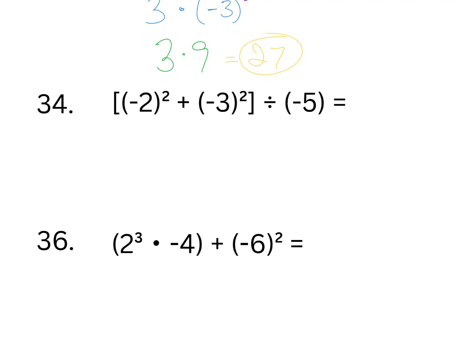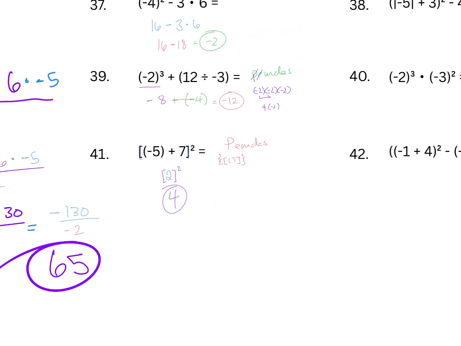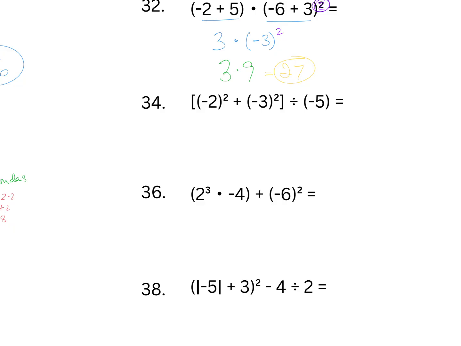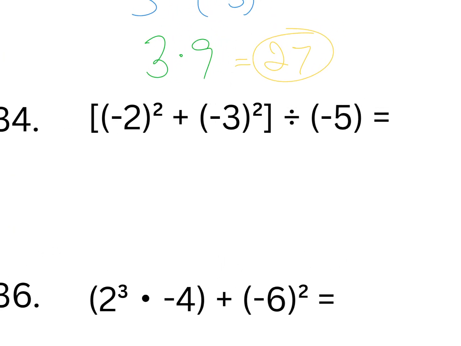All right, so we had one with brackets on the last video down here, and we just said, hey, brackets, parentheses, braces, pretty much the same thing, so don't freak out. We're going to do what's inside of them first. So -2 squared, that's 4. -3 squared, that's 9. These guys are still in the brackets, so we can keep focusing on them. 13.